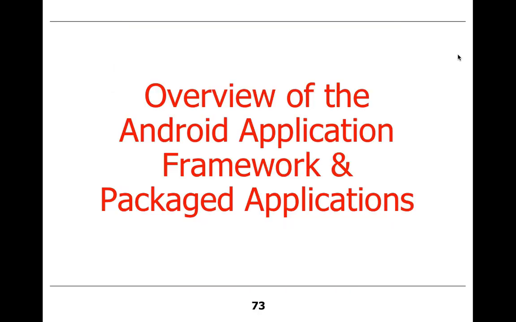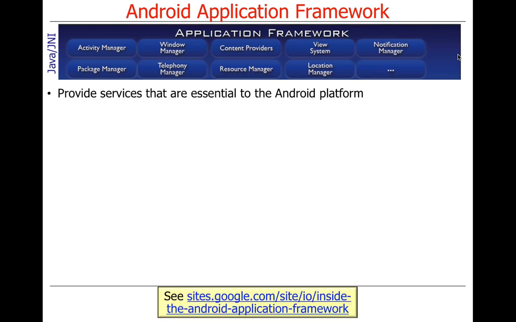Okay, the last layer or layers in this stack are the application framework and the application layer. So the application framework layer is basically responsible for providing services that are essential to the Android platform.